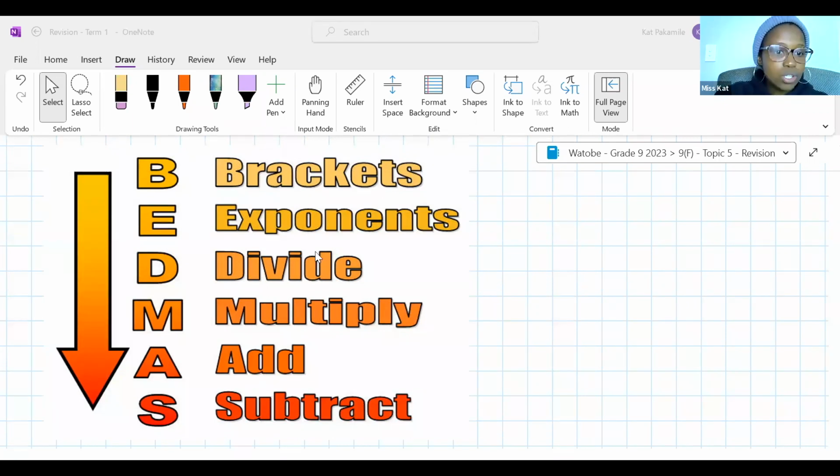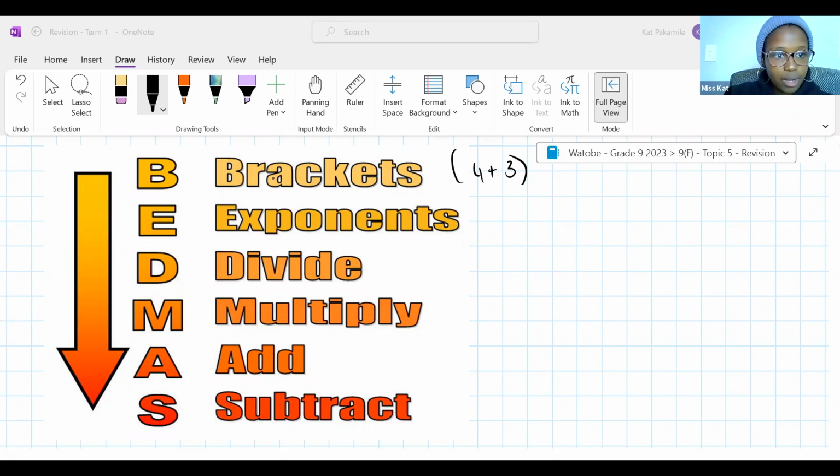Oratile, do you have a question? Hi, ma'am. My question is, at first we were told it's BODMAS, and then they introduced BEDMAS. It can sometimes be confusing. So when we write it down, is it fine to write both, like the E and the O? That's fine.